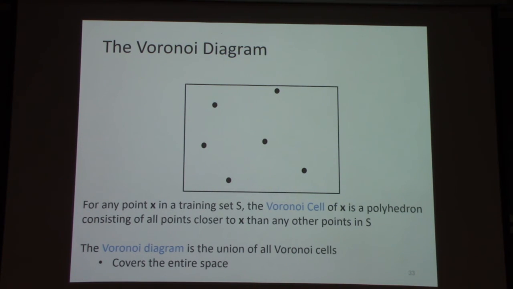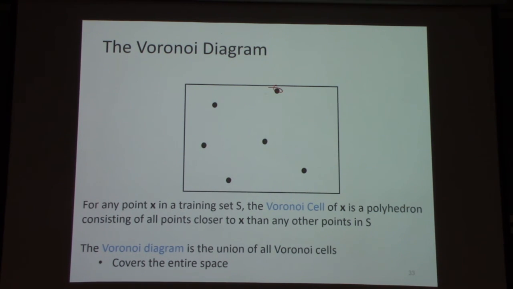The answer is that it computes the Voronoi diagram. Let's see what a Voronoi diagram is. Let's say you have a finite set of points in some space. For a point, the Voronoi cell of that point is the set of all points in the space that are closer to that point than to all the others.